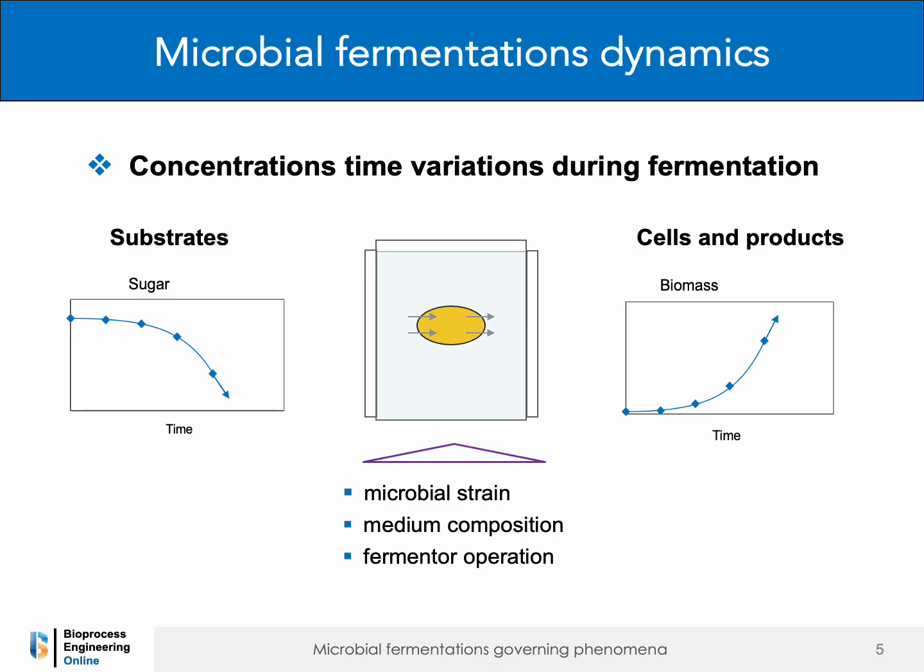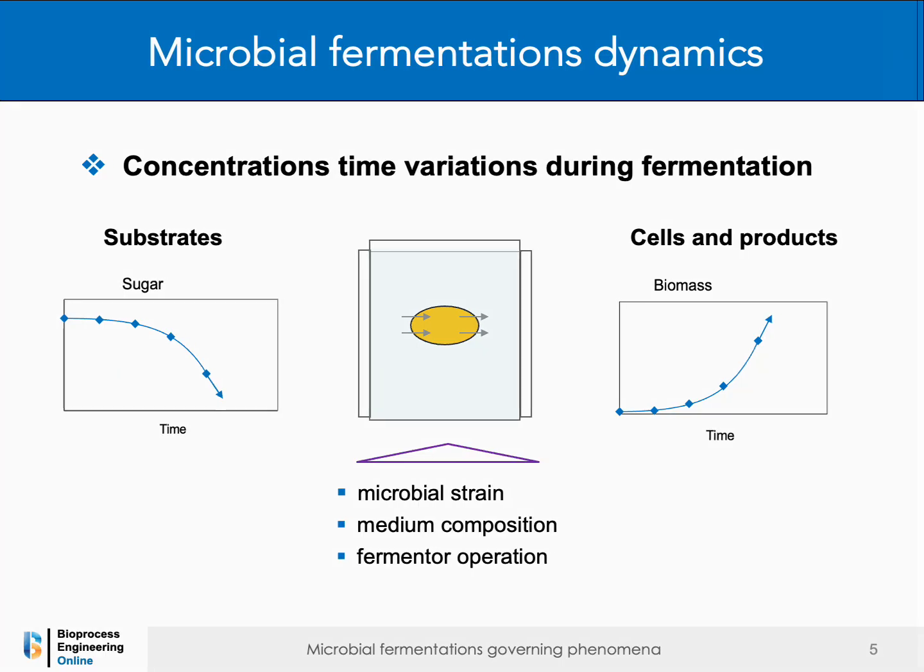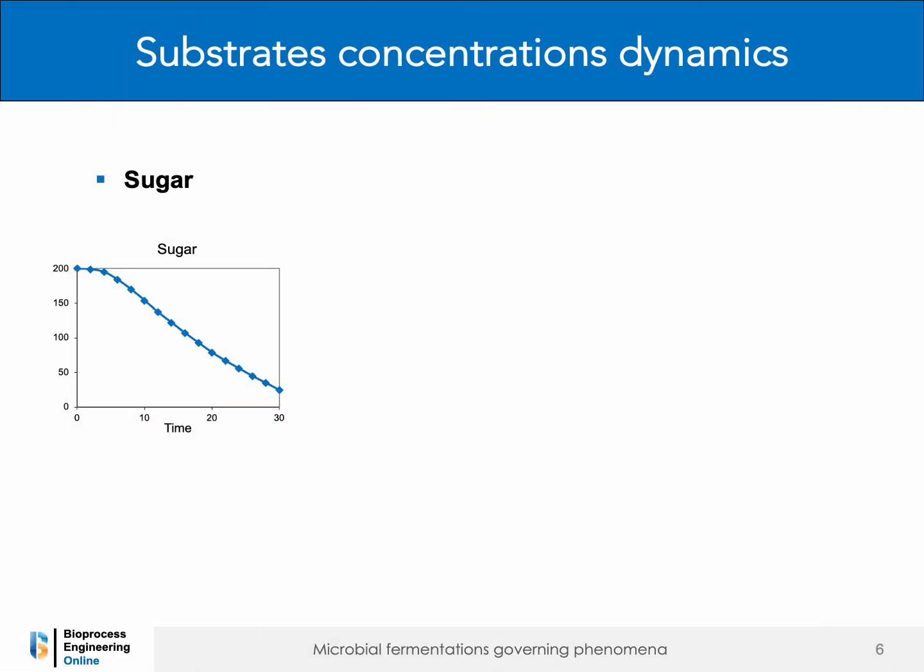These fermentation dynamics, the time-dependent changes in substrate, biomass, and product concentrations, are strongly influenced by several factors, including the microbial strain, medium composition, and fermenter operating conditions. Despite differences among microbial species, there are often similar patterns in substrate consumption dynamics during fermentation.